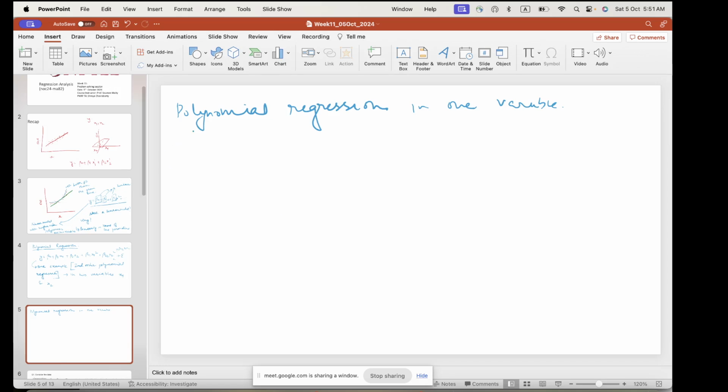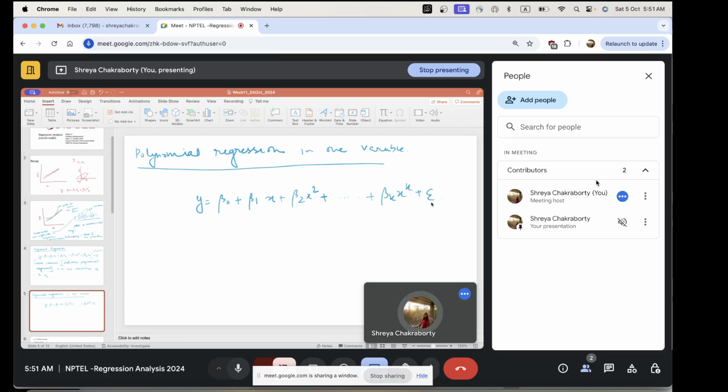If we are only focusing on one variable, then the model is something like this: y equal to beta naught plus beta 1 x plus beta 2 x square plus so on and so forth plus beta k x to the power k plus epsilon.